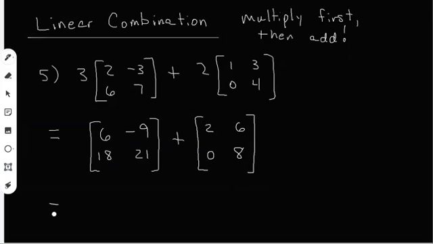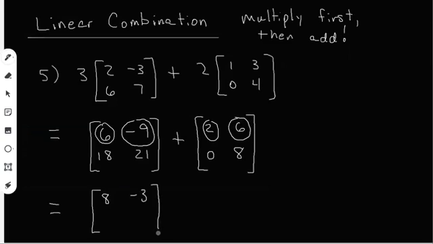And now the last thing we have to do is add. So let's add these two matrices together. So we got a 6 plus 2. That's going to give me 8. And then we have a negative 9 plus 6. That's going to give me negative 3. Close that up.